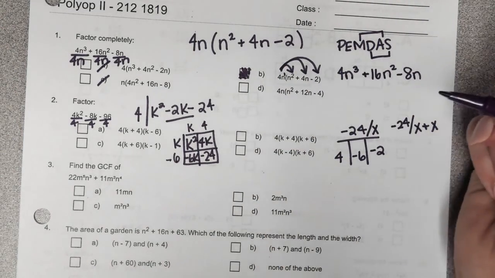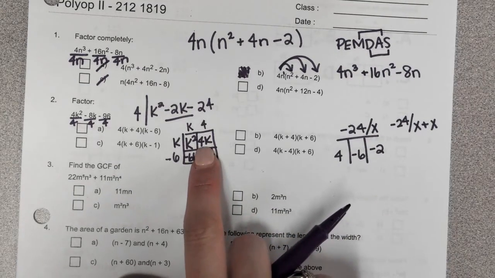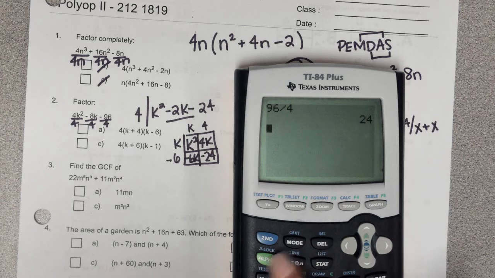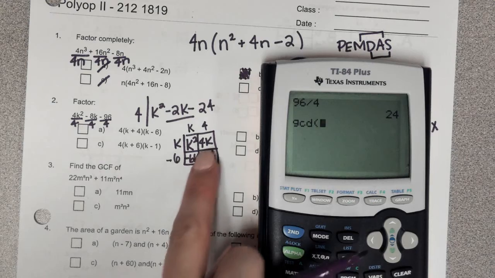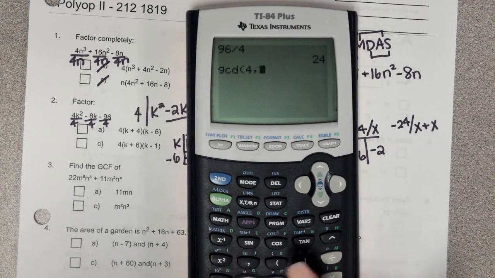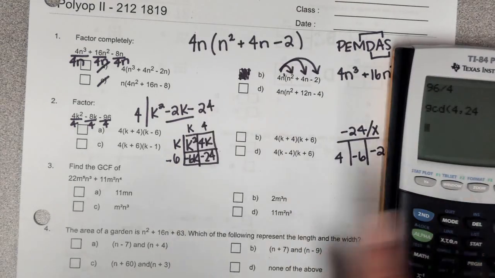And again, if you don't know how to find GCF, you can do Math, right 9. And I'm trying to find the GCF of 4 and 24. Your calculator can't do negatives. So you do 4, comma, 24, and it's 4.